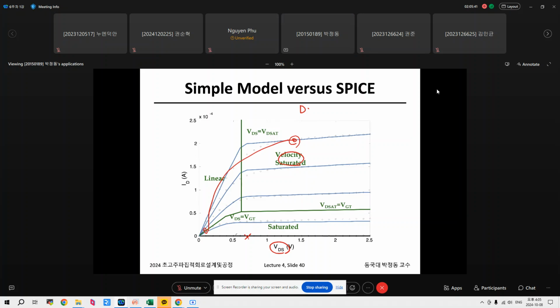So around here, this is not velocity saturated. This is saturated with a small V gate source and small VDS. Okay. This is good information.